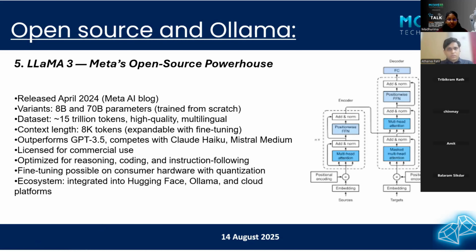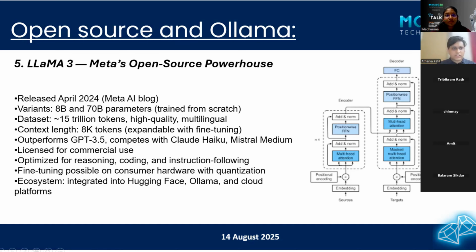So open source and OLLAMA. They have many models, so let's discuss our main model here today, Llama 3. This was Meta's open source powerhouse. It operates on the transformer architecture, which is shown over here.